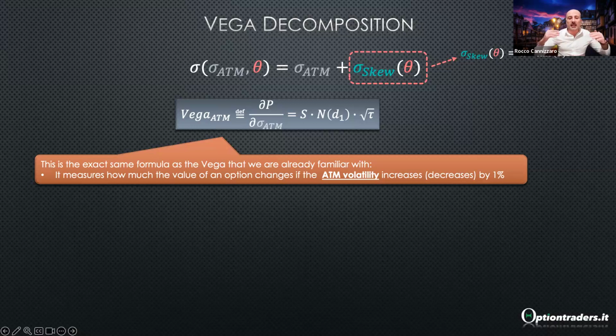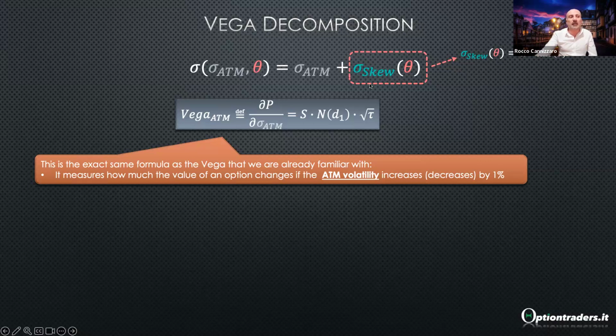It's like shifting the entire curve up or down, and then every single strike, every single option, would also have the same 1% increase up or down. That's exactly the definition of the Vega as we know it today. So there's nothing new there. We didn't discover anything new here.